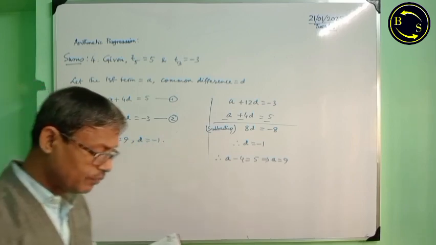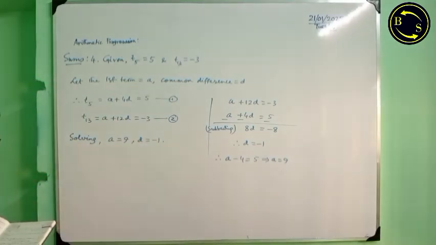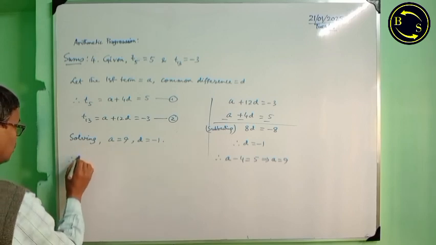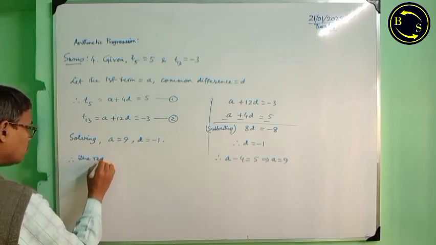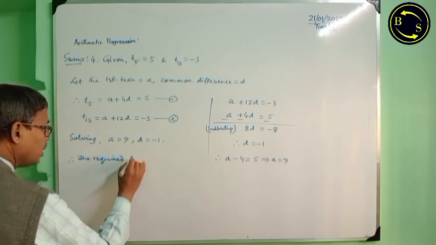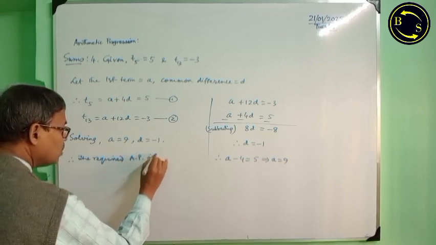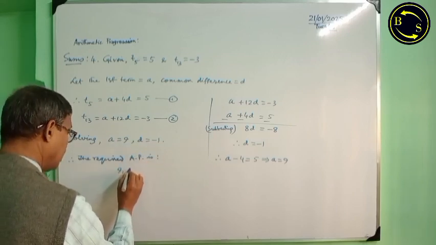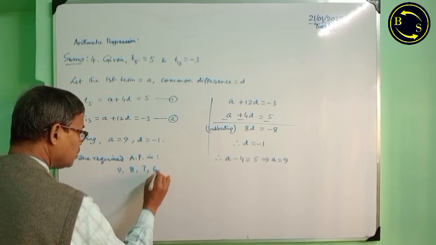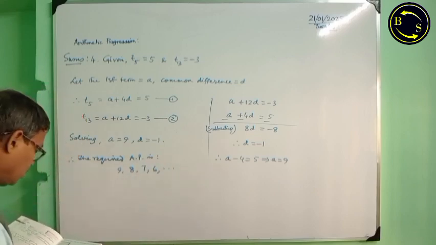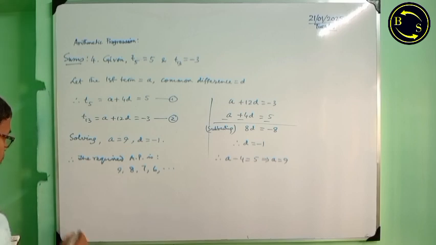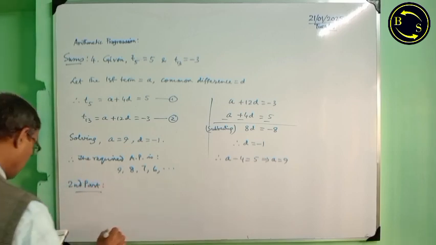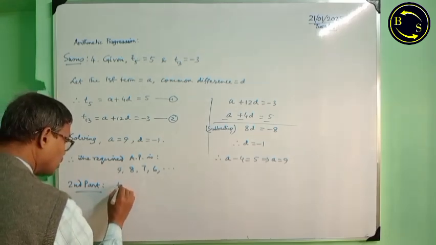Now in the first part, find the AP. Therefore, the required AP is first term 9, then decreasing, 8, 7, 6, and so on. In the next part, it is required to find the 16th term. Second part, T16.